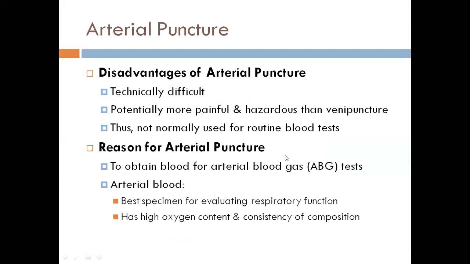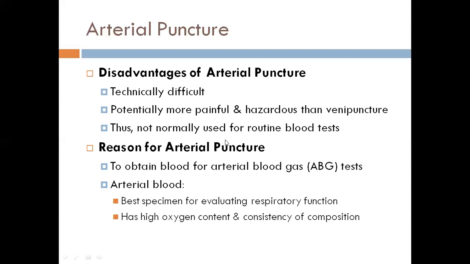So what are the disadvantages of arterial puncture, and why do we perform it? I've already mentioned this during our introduction. The disadvantages include that it's technically difficult, and potentially more painful and hazardous than venipuncture. That's why, instead of arterial puncture, what's commonly done in the laboratory is venipuncture.